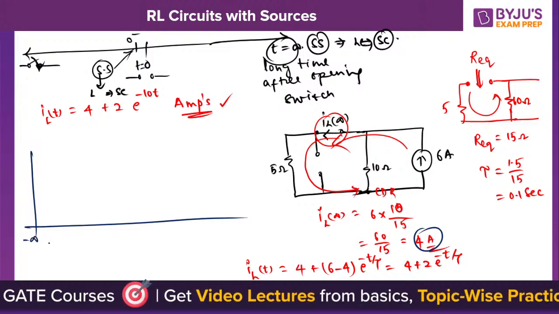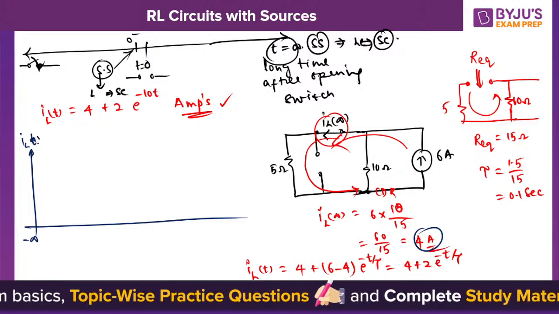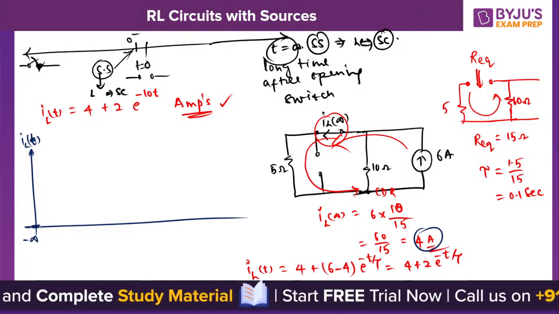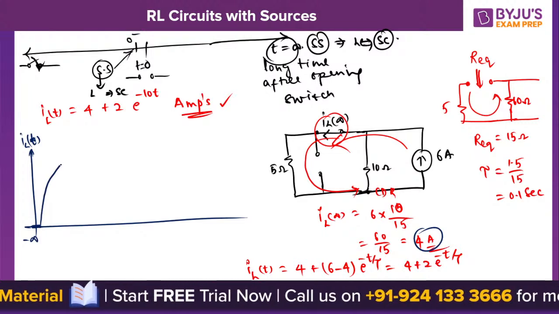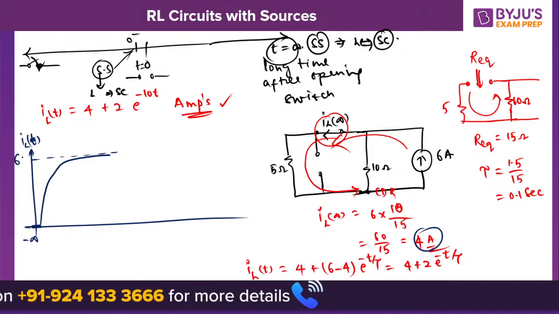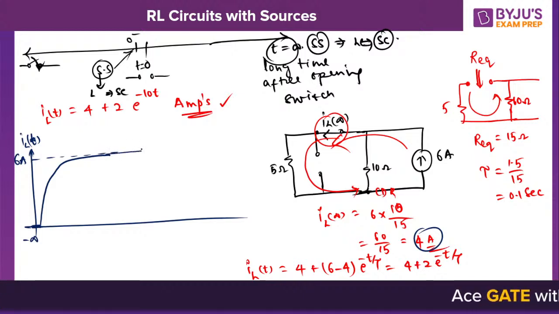If I take minus infinity, and this is IL of t, the moment you close the switch, it will not accept the current, and slowly it will accept the current exponentially, and it goes on to 6 amperes. Within 5 time constants it will reach 6 amperes.